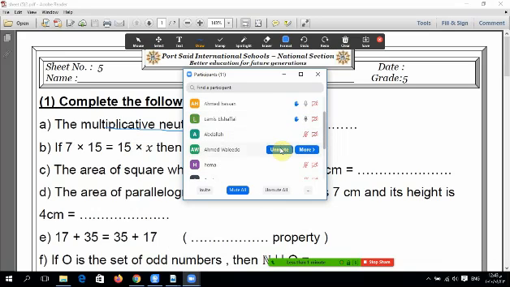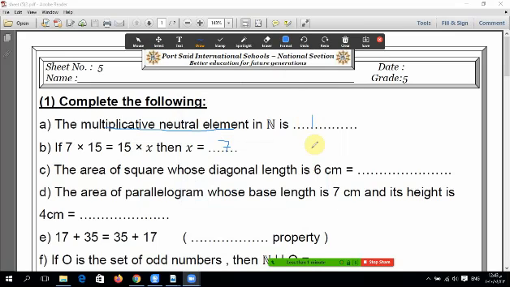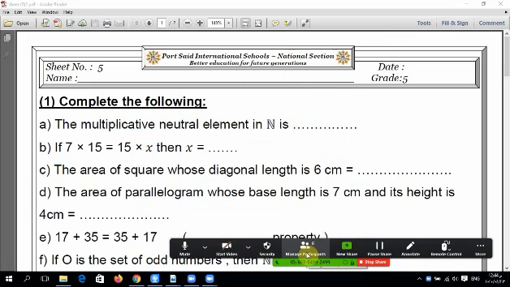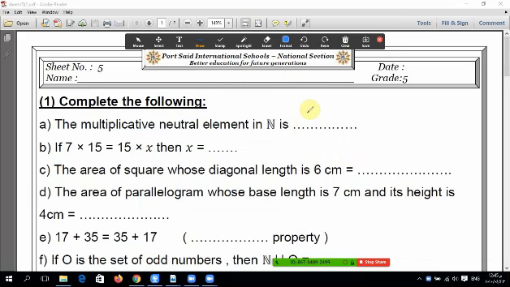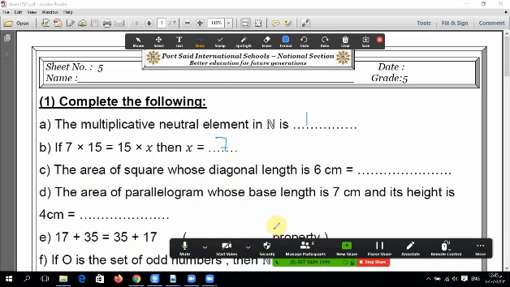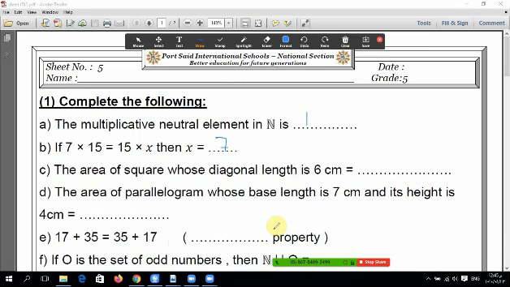The area of a square whose diagonal length is 6 equals what? Okay, Lamis, you're here? Yes. The area equals half times d times d, which equals half times 6 times 6, equals 18 square centimeters. Yes, it's 18 square centimeters. Thanks, Lamis.